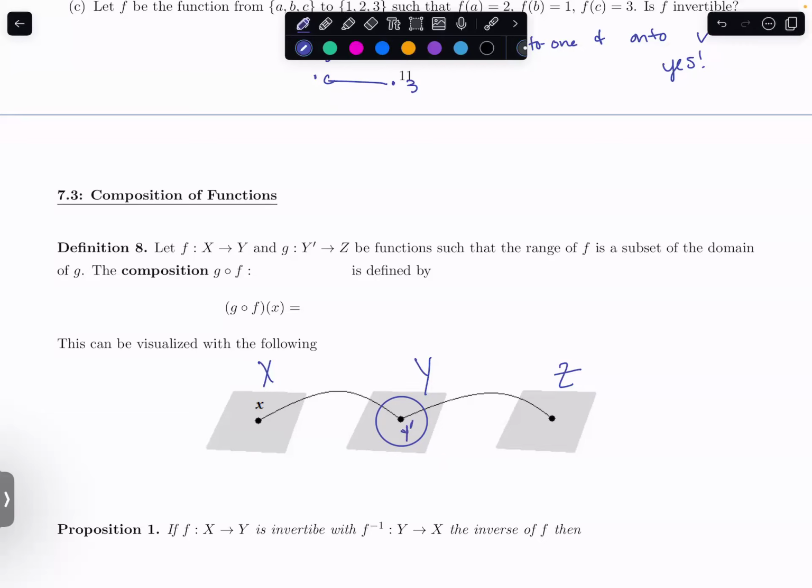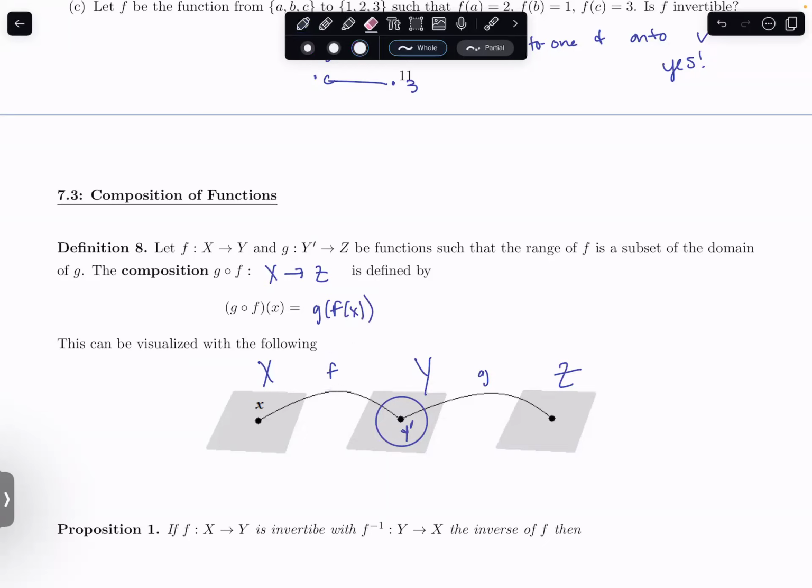So the composition g of f, so this is your function f, and this is your function g. And remember that this is going to be from X to Z, and g of f, remember, goes like this. The inside thing happens first, that's why f is first here.